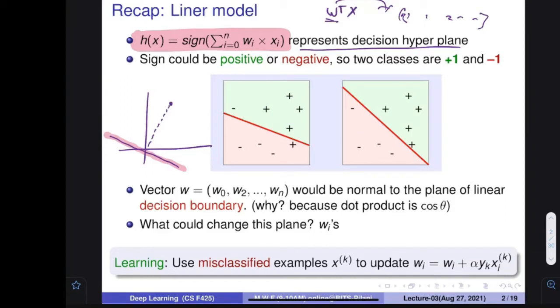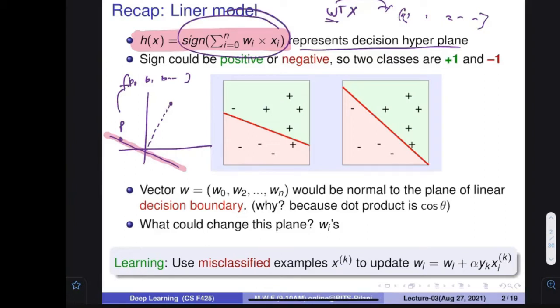How come it is going to be so? I want to explain this with a small mathematical understanding. Let's assume that there is a point P on this, and P is a vector P0, P1, P2 and so on. If I put this into the equation, what do you get?